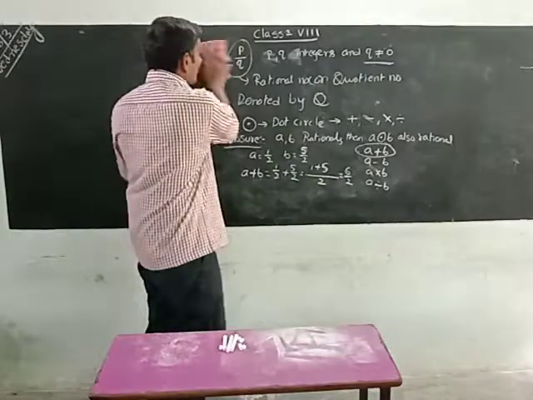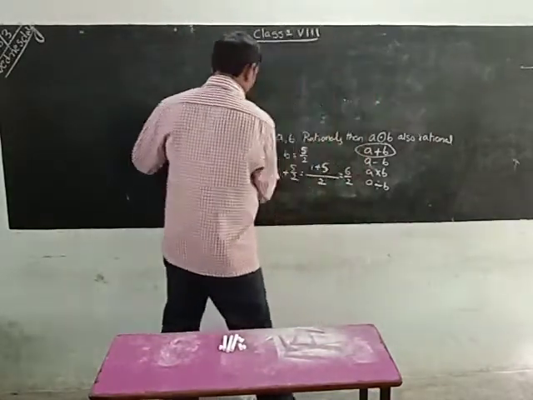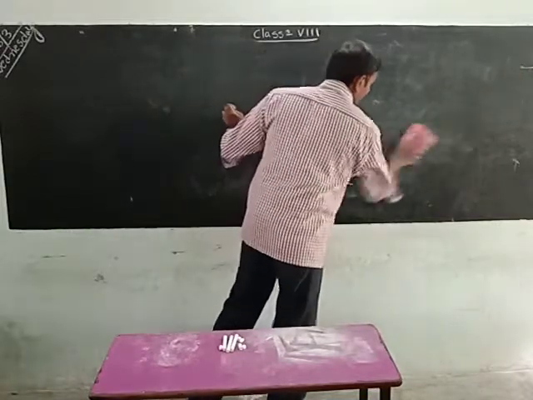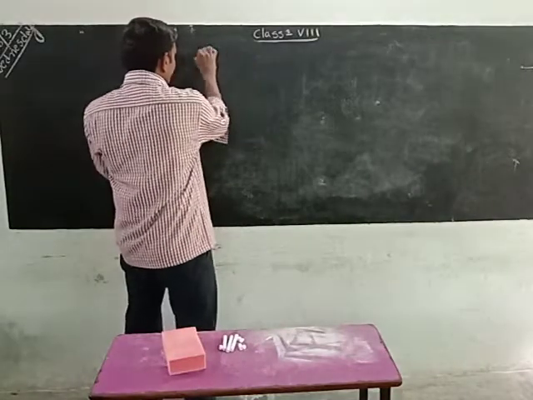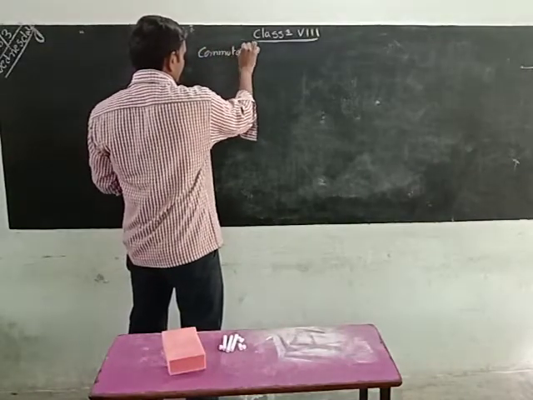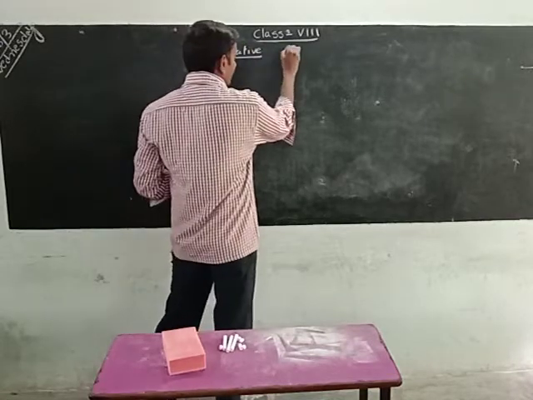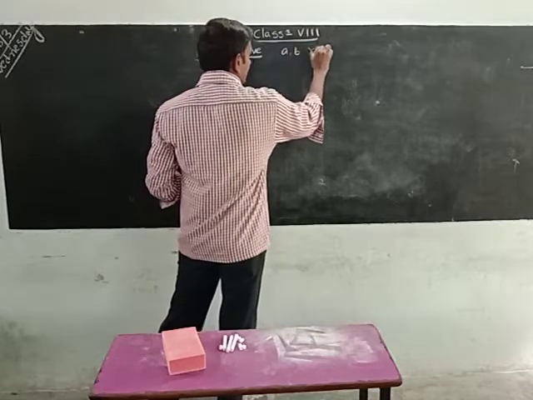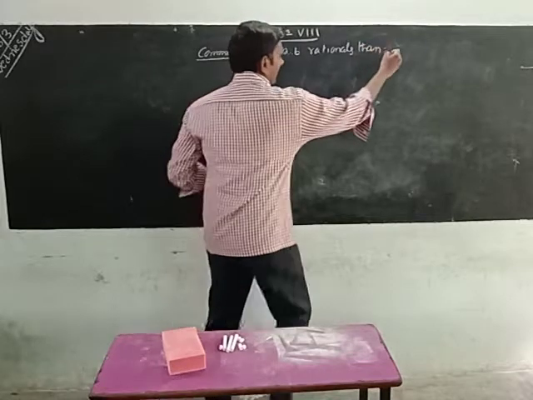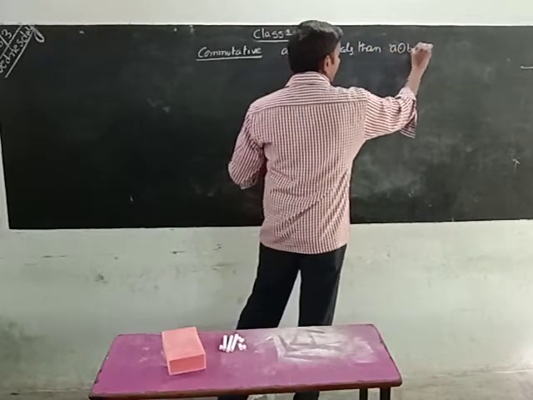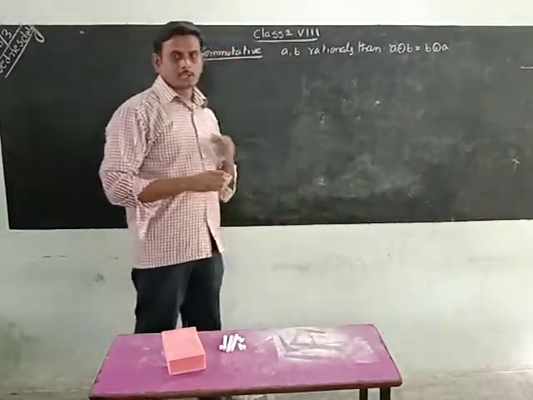Next one is the commutative property. If you take two rational numbers a, b that are rationals, then a dot circle b equals b dot circle a.